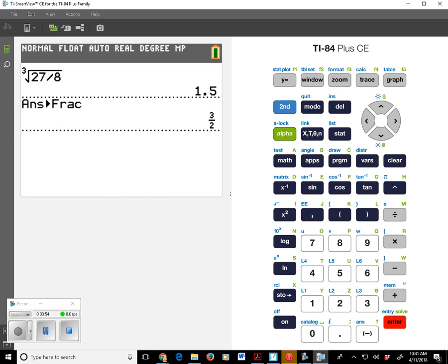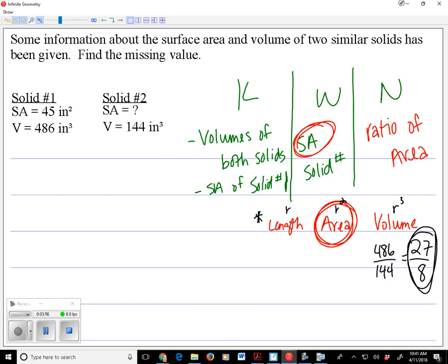So let's write that down: 3/2. How do we find the ratio of the area? We square it, giving us 9/4. Now we have exactly what we needed.